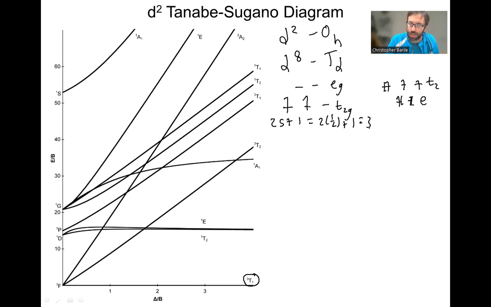So for octahedral, let me write it in red here, this is octahedral. We're going to get the triplet T1g, that's the ground state. And for tetrahedral, we are Td.